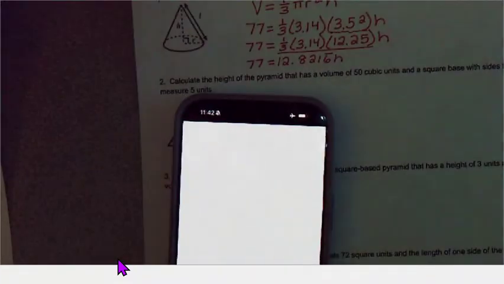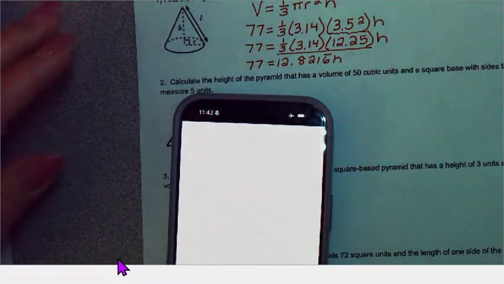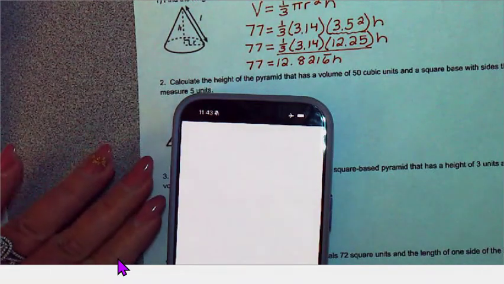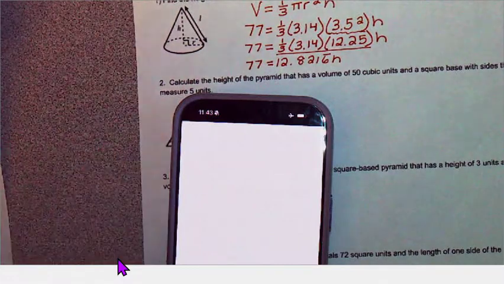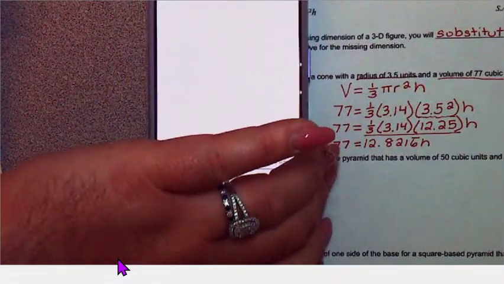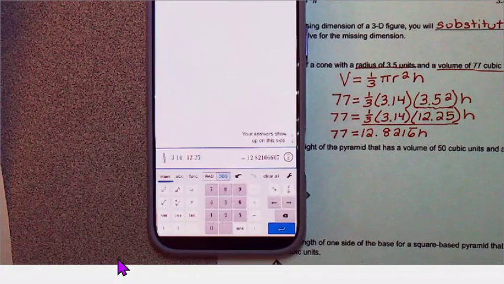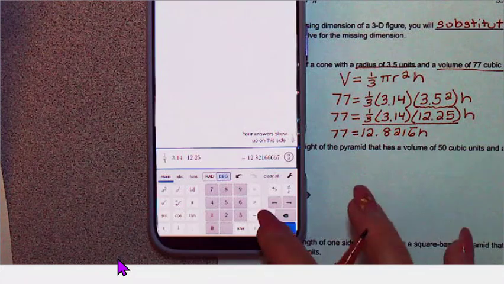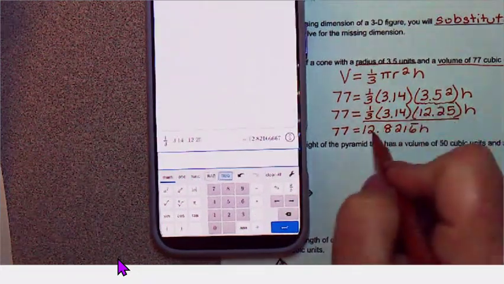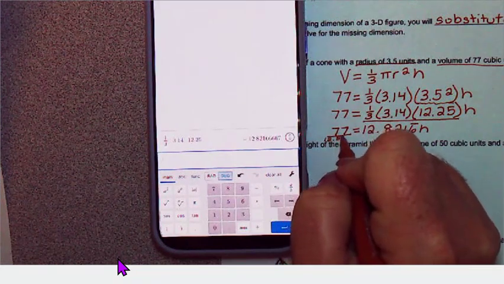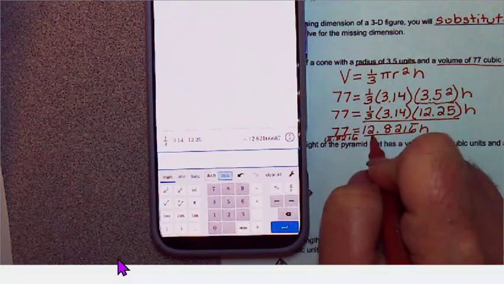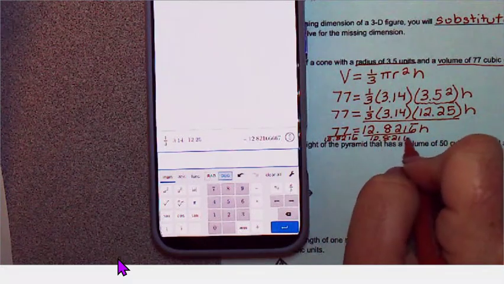I put in 1/3 times 3.14 times 12.25, and I get that long decimal. Sorry, there's a glare. But I can go down to my next line because I know when I solve this, I need to divide both sides by this repeating decimal. But writing that repeating decimal in Desmos is not easy.